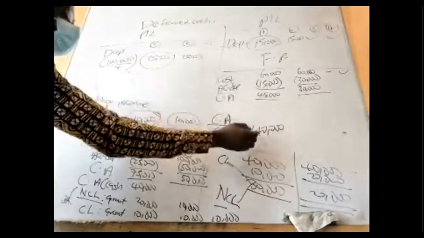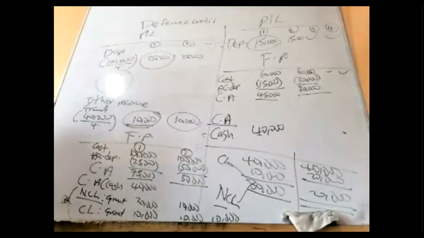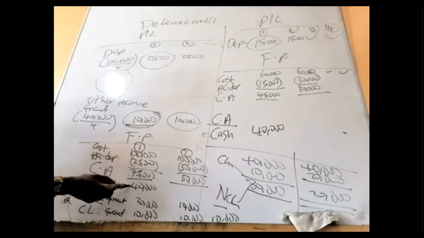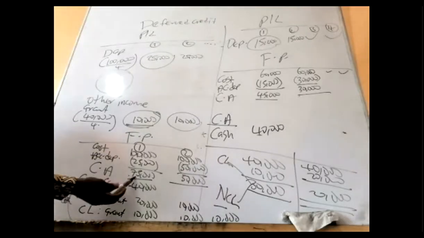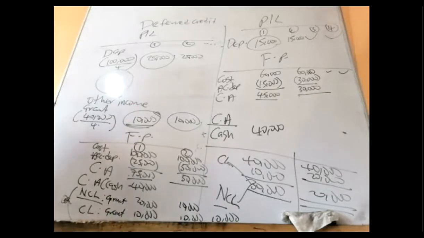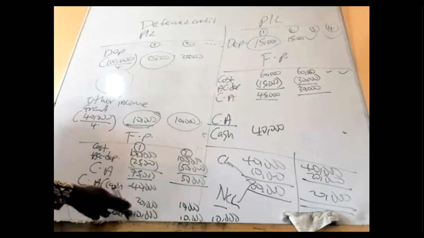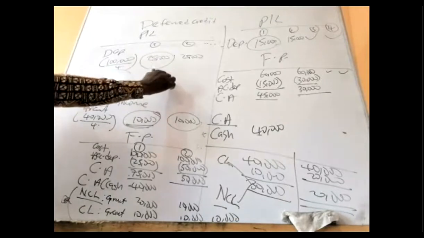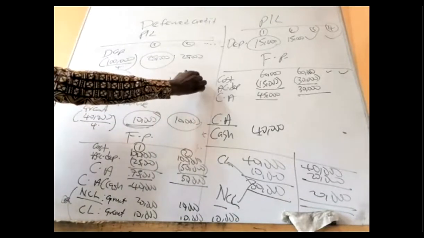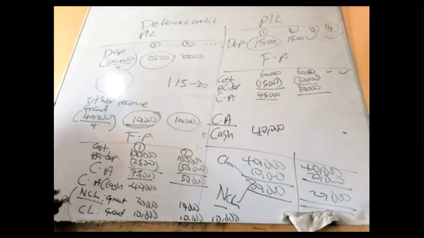Let's come to the balance sheet. If I add 45 to 40, I'll get 85 after the first year. Let's do it here. Here we have 75 plus 40, 115. Now, this 30 is a minus, because 30 is a liability.